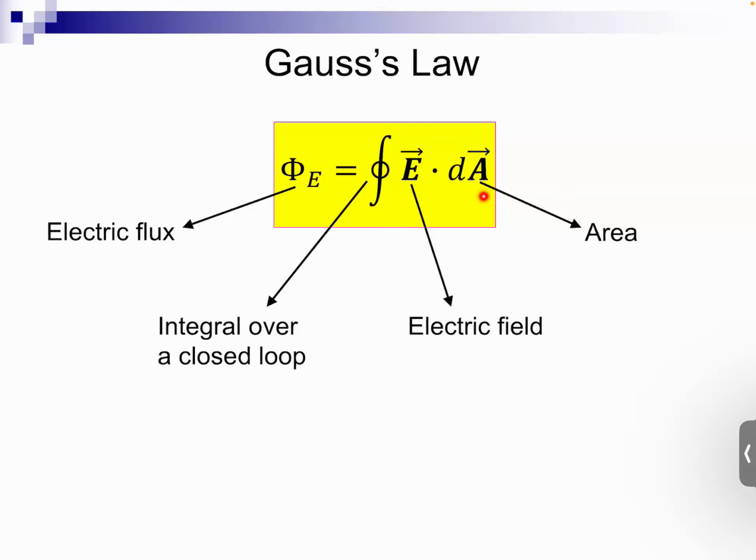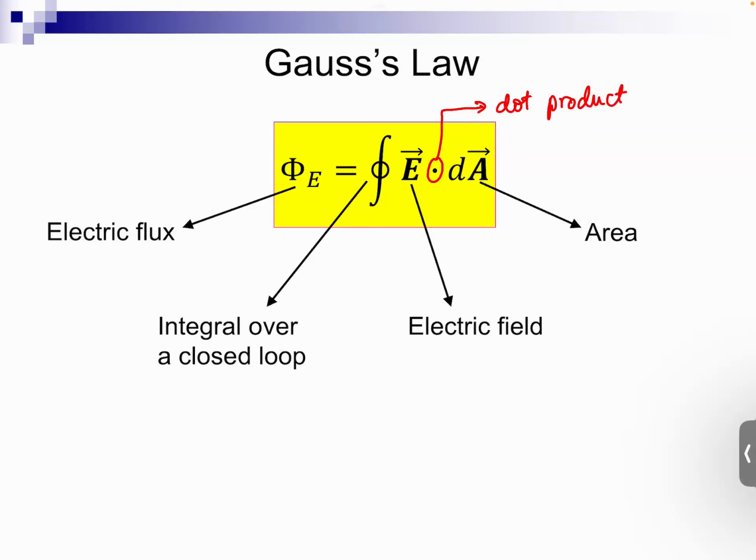The reason why we'll only look at symmetric distributions is because Gauss's law involves an integral. Gauss's law is defined as this: the electric flux phi subscript E is equal to the integral over a closed loop of the electric field dotted with the area dA. I will dissect this integral, don't worry. So we will simplify this later on. This one is a dot product.